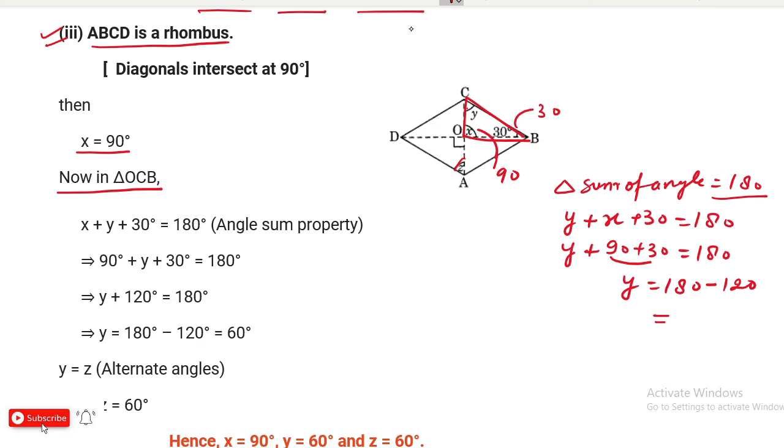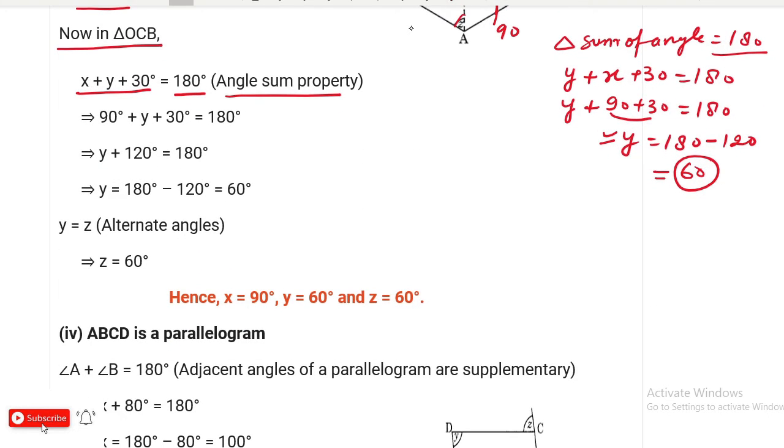Now 180 minus 120 is equal to 60. From here we find the value of y. Same here, x plus y plus 30 is equal to 180. Angle sum property of the triangle. Then from here we find the value of y.